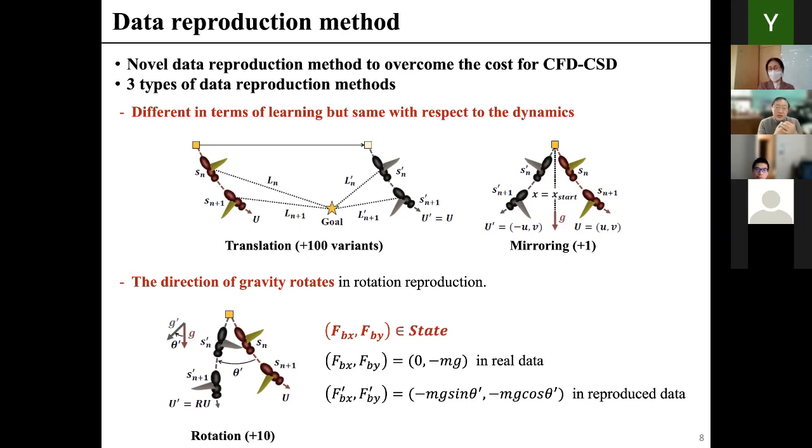So increasing the number of data, even though the data is essentially the same in terms of physics, the network considers every single variance of the condition as a different one, and then trains itself to adapt to such different combinations of variables.